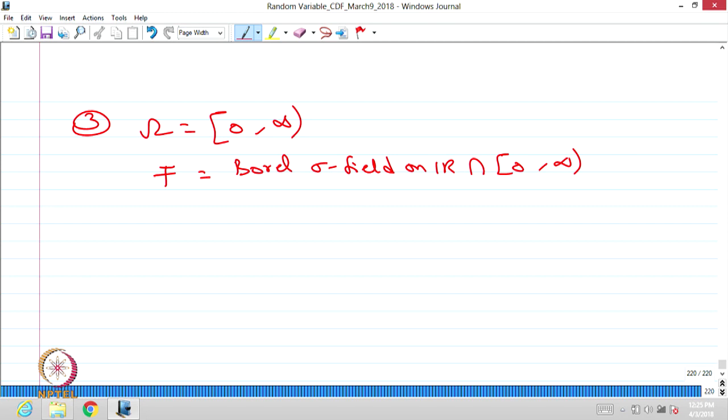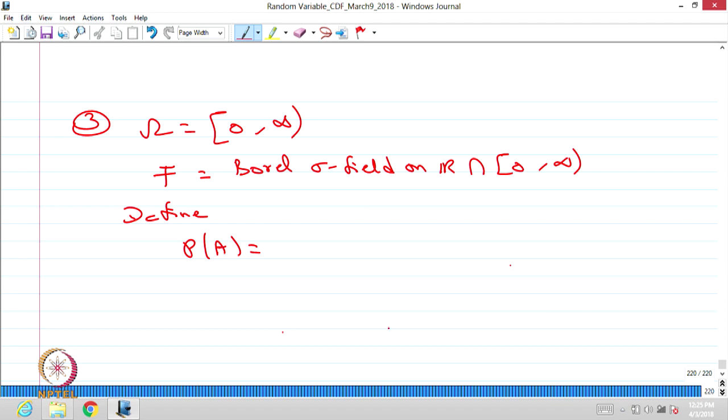Creating a Borel sigma field on the real line intersecting with 0 to infinity, that is going to be the largest sigma field on omega, where omega is 0 to infinity. I am going to define a set function P such that this is going to be the probability.